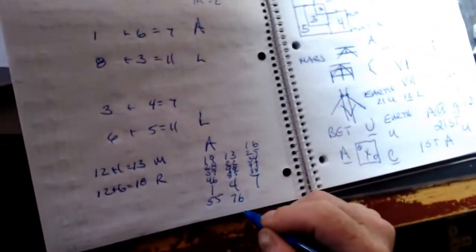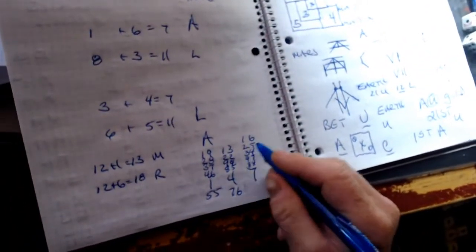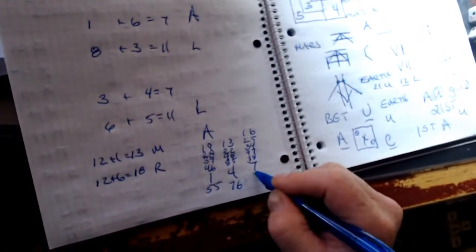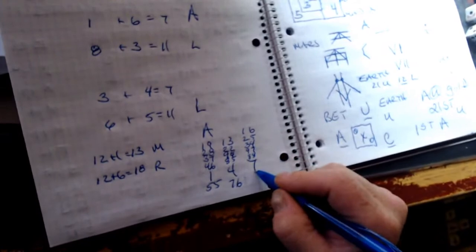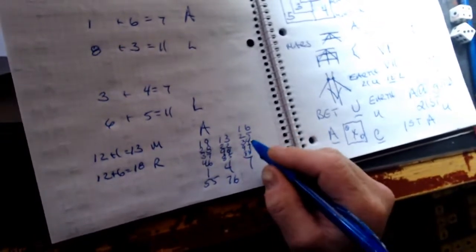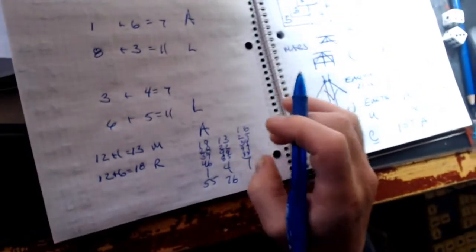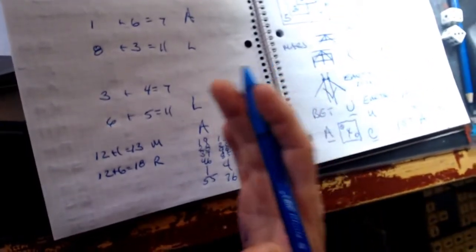Those are the groups. 1 and 6 is 7, 2 and 5 is 7, 3 and 4 is 7, 9 and 7 is 16, 1 and 6 is 7, 8 and 8 is 16, 1 and 6 is 7. Each one extends mathematically by multiplying them, and now we can find the star difference between each one in its categories.